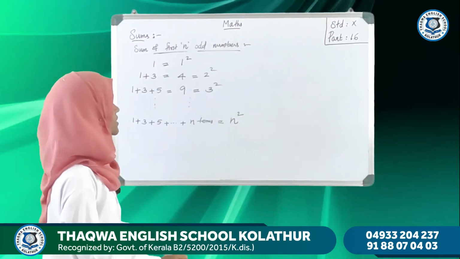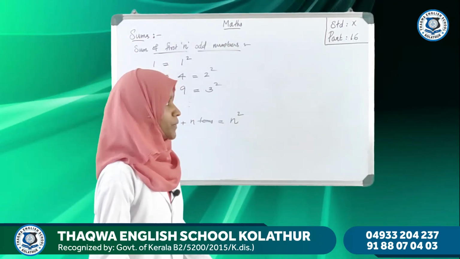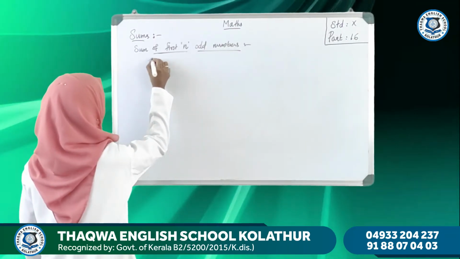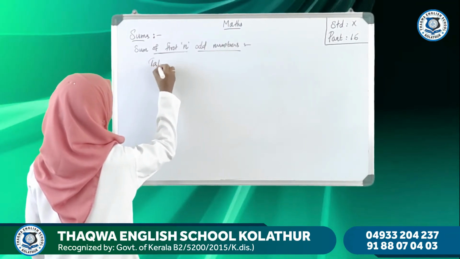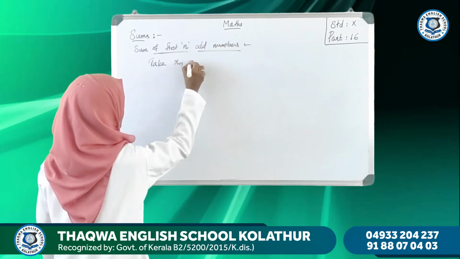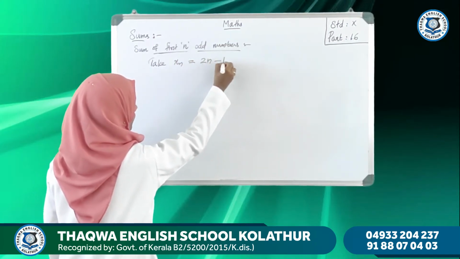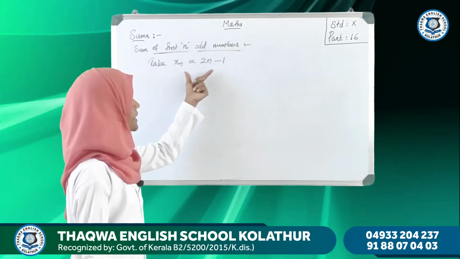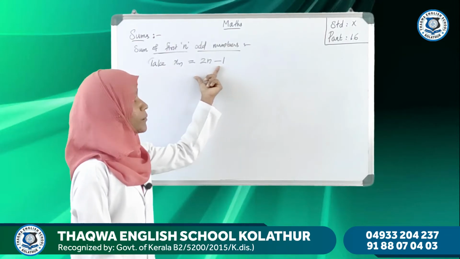Now let us discuss this using algebra. Take xn equals 2n minus 1, the nth term of the odd number sequence.